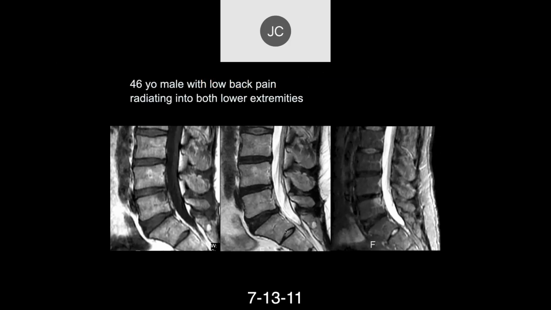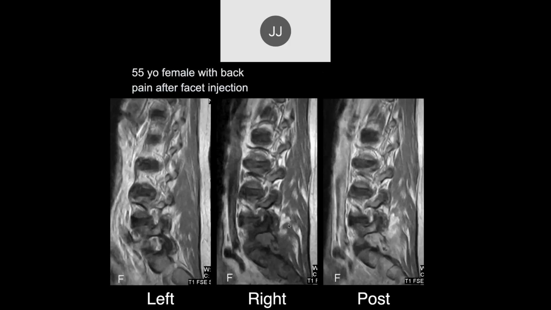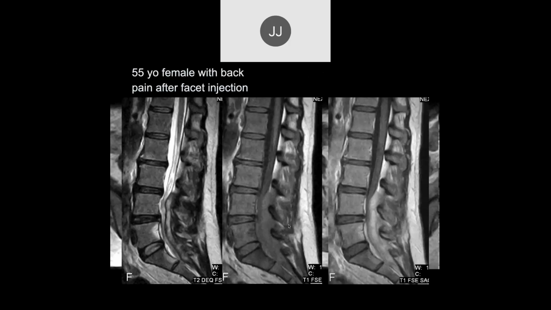What's interesting is that if you go back, John, and you look at the spine after this, the spine looks, in terms of facets, in terms of discs and so on, quite normal. Yeah, just a little desiccation here, a little degenerative.